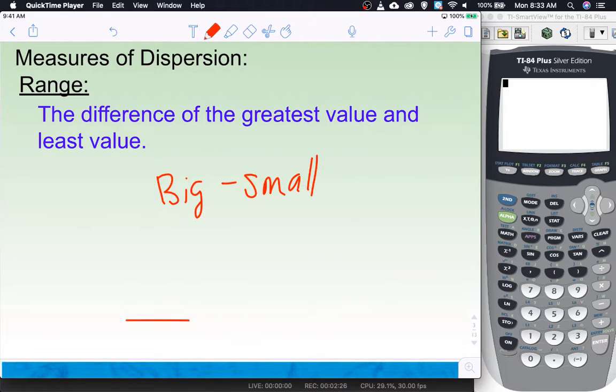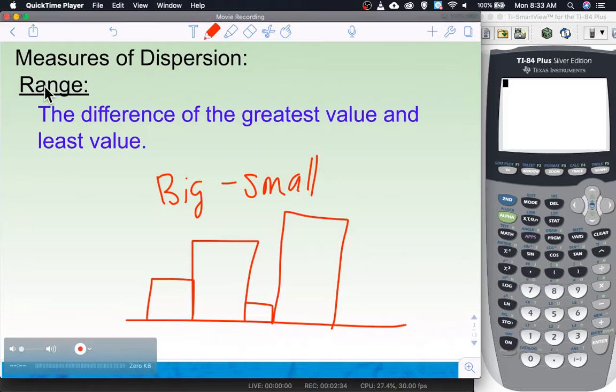If we have a whole bunch of numbers, another way you could show it is called a histogram. Based off this, I can see that there's a lot of data in this section of the graph, but not so much here. That's what dispersion is talking about: where there is a lot of data, where there is the least data, where there are big chunks and small chunks.